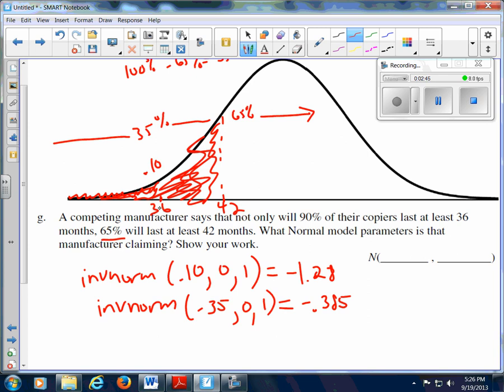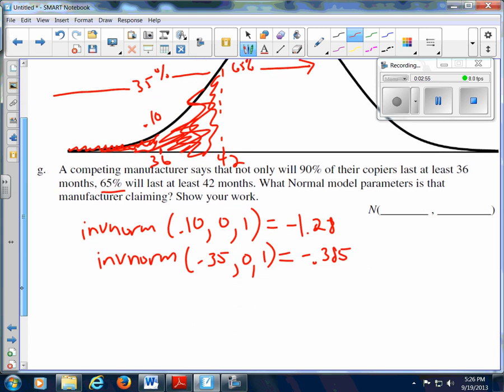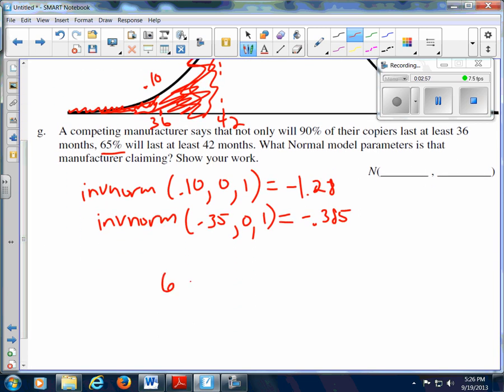So my months are going to be 6 between my range here, right? So I've got 6 months between my two ranges.